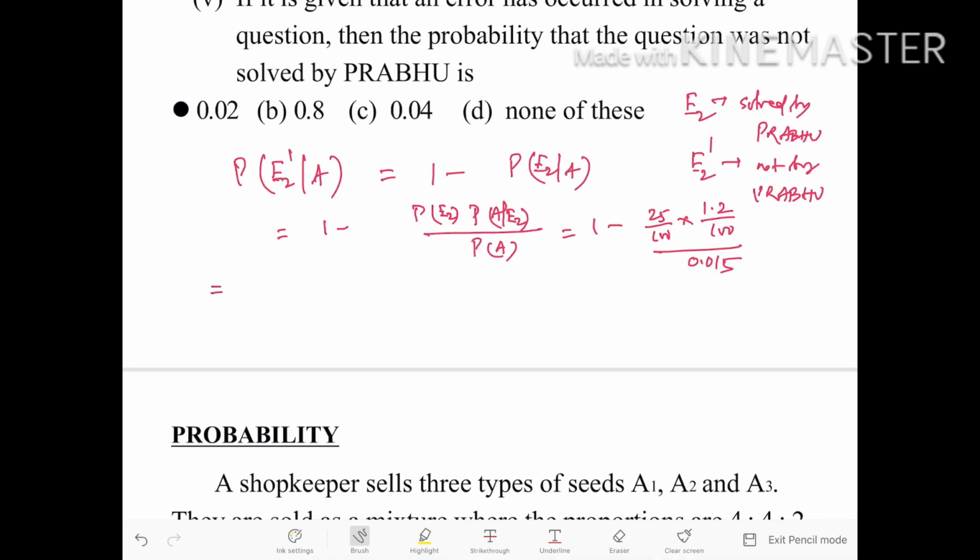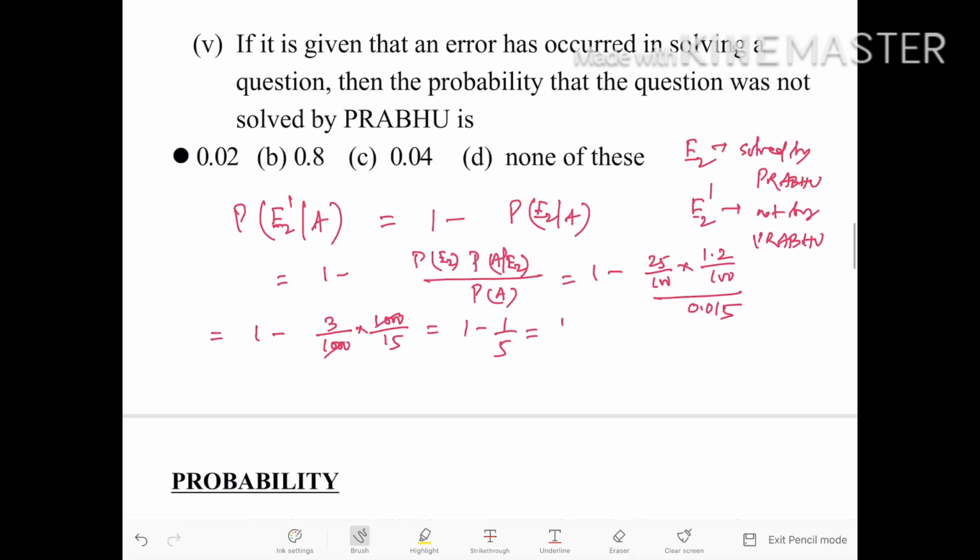Now we have to simplify this. It will be 25 into 1.2 is 30. So 3 by 1000 into 1000 by 15, which is 1 minus 1 by 5, which is 4 by 5, means 0.8. So B will be the correct option.